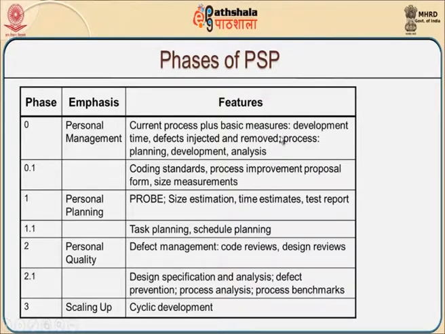In terms of processes, we have planning, development and analysis involved at level 0. As an improvement, at 0.1 we again emphasize personal management, but we also understand the coding standards. We look at PIP, which is the process improvement proposal, and we also look at the size measurements.